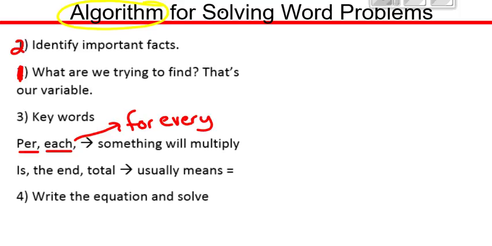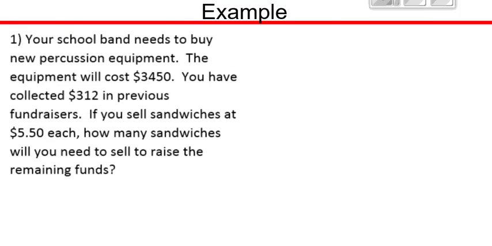Something's going to be multiplied, and you'll see that as we get into it. The words in or the end or total usually means equal to, okay? And then the fourth step is we're going to write the equation and solve. So let's try one out and see where it takes us.